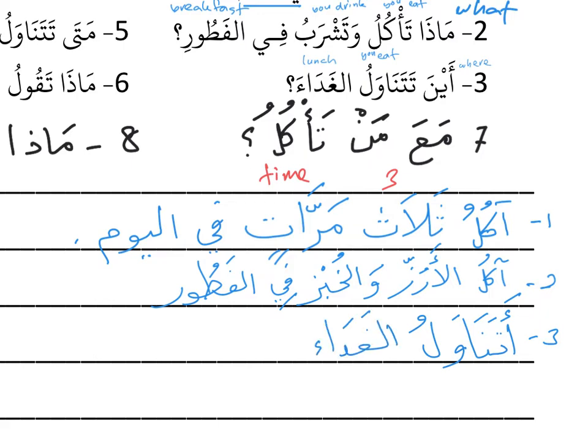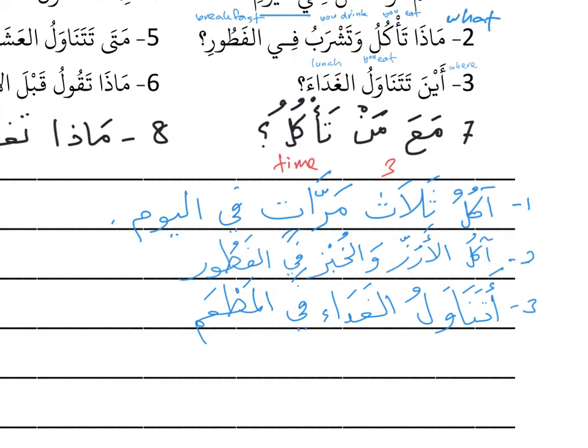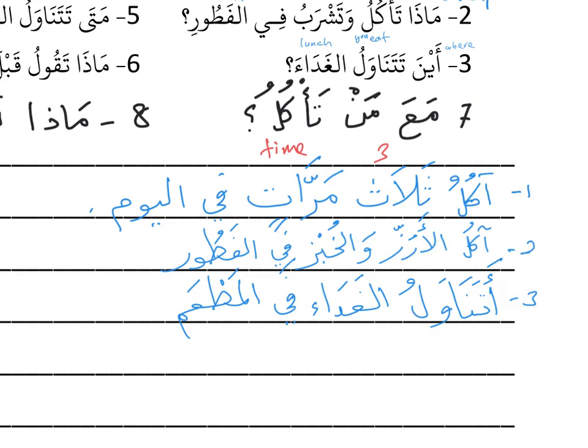Where is that? Fi. So you put the place. Fil bait. Fil mat'am. In the lesson, we have learned how to say Arabic restaurant. Fil mat'am al-arabi. You can put that if you wish. So here we just put the word mat'am. Atanawalu al-ghada fi al-mat'am.